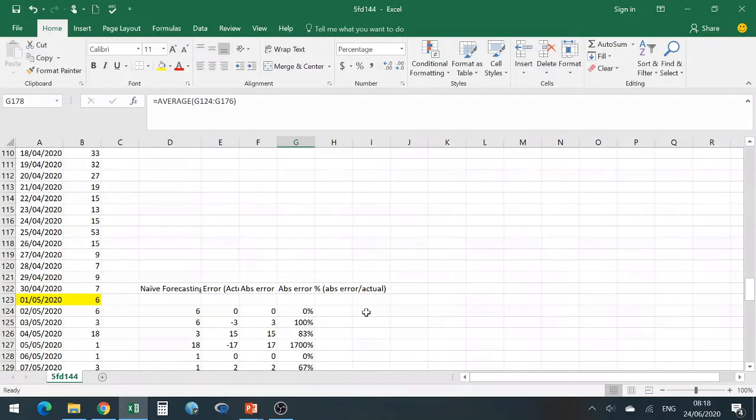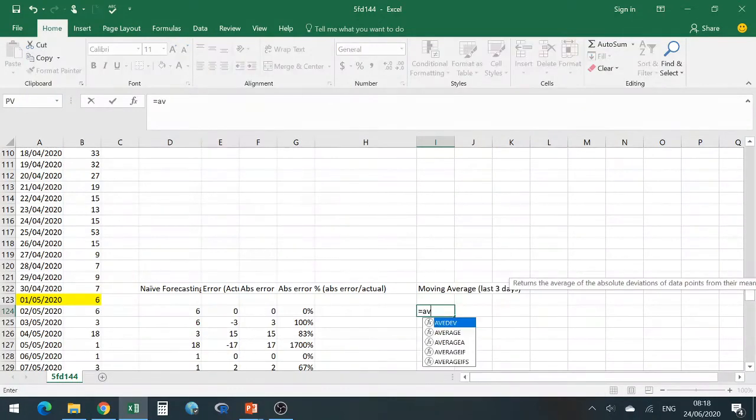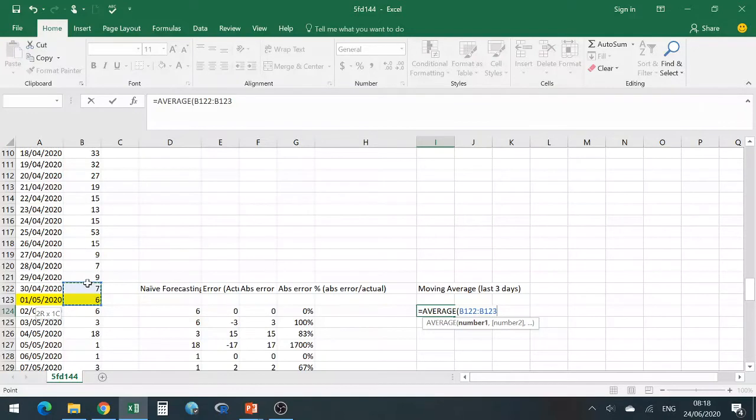So this time we are going to study something called moving average. We use the last 3 days. Moving average is just that we take the average of the last 3 days.